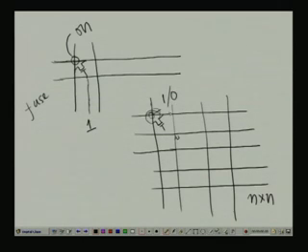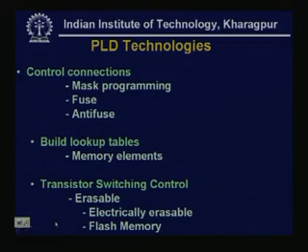So, to control connections we call this fuse, anti-fuse or mask programming. This is for the control connections.